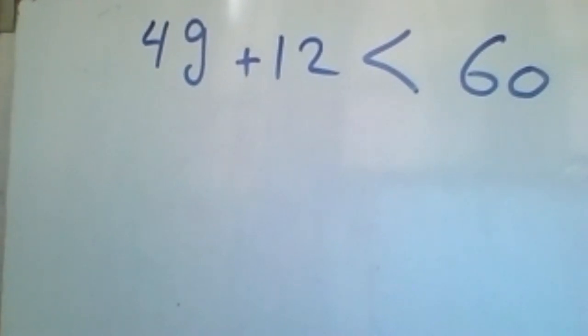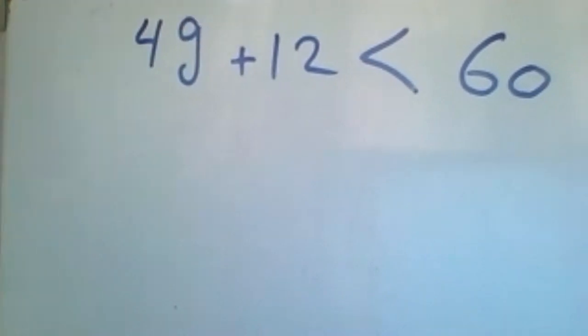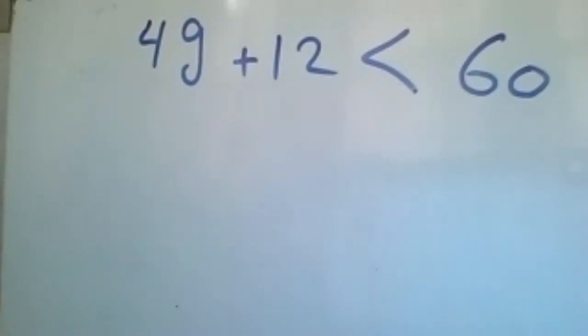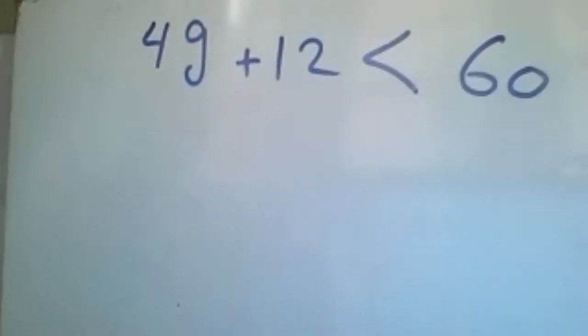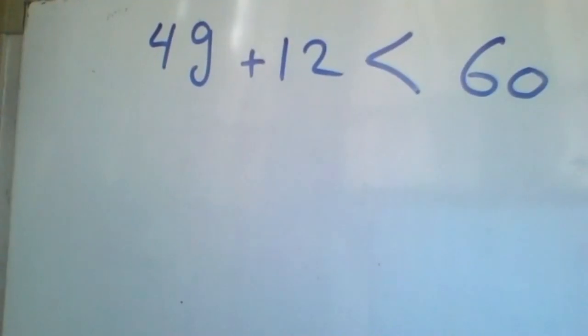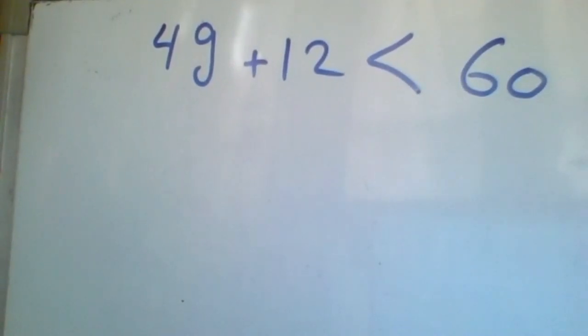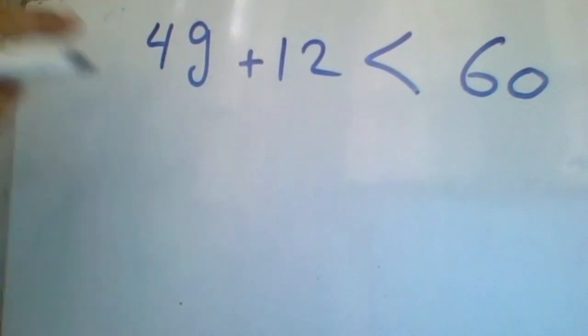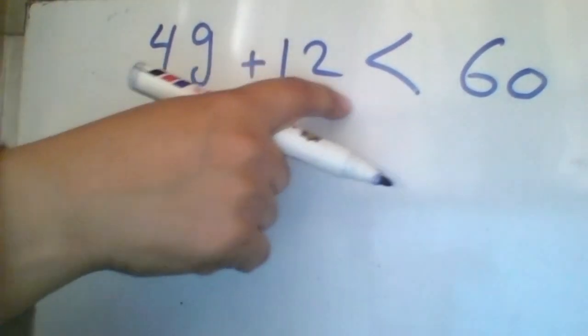Okay, Awad, go on. Where is the rest of the class, grade 7? Ruqayya, are you here? So please, with all my respect to you, Awad, I want to give her a chance to answer. This is 4g plus 12 less than 60. How can we solve this inequality, Ruqayya?